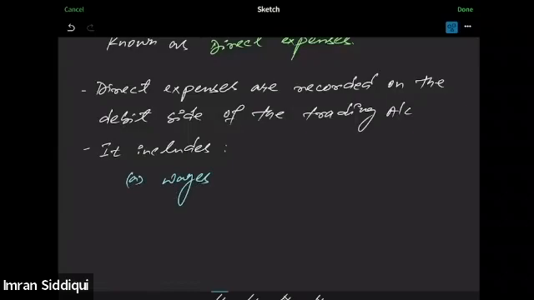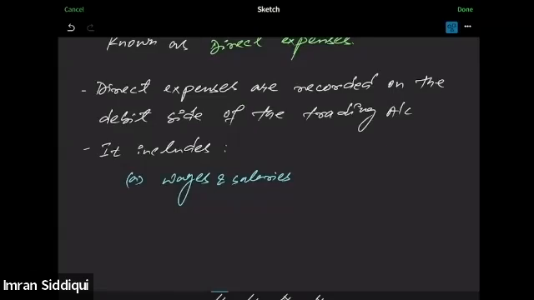Wages is part of the direct expense, but salary, if it is only salary, then it forms part of the profit and loss account, because salary is treated as an indirect expense. But if it is given in the question that it is wages and salary, then it forms part of the trading account and is treated as a direct expense. So yes, you are right. Wages and salary collectively is a direct expense.